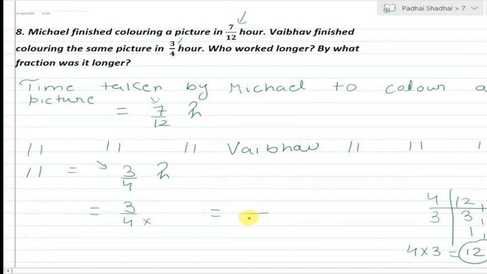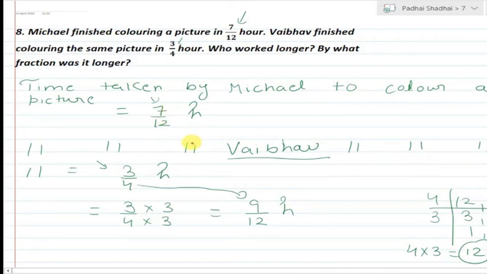To make it 12, here we have to multiply both by 3. 3 4s are 12, and same way we also multiply the numerator 3, so 3 3s are 9. So here now you can see that Vaibhav has taken more time than Michael, because the numerator here is bigger. Okay, that is 9 by 12.